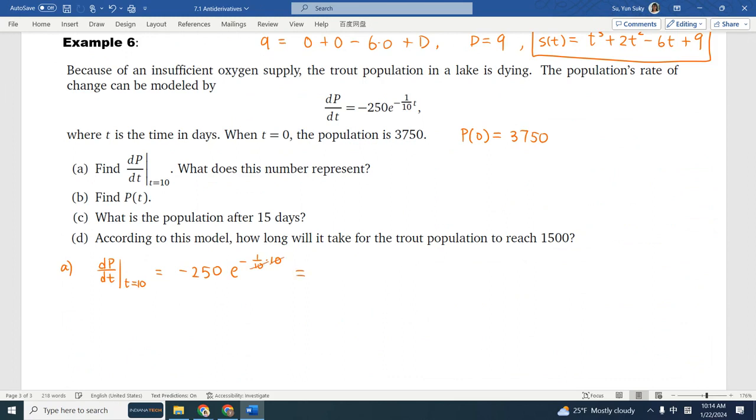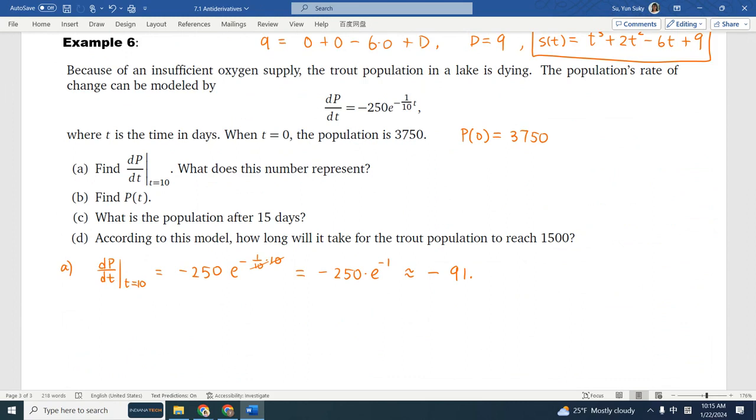Do you see 10 and 10 cancel? We get minus 250 times e to the negative 1. Put this in your calculator, what did you get? Negative 91.17?